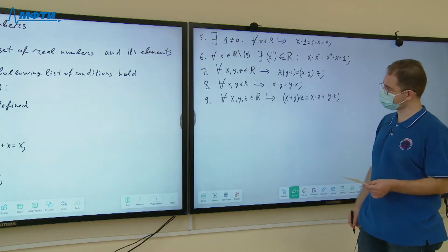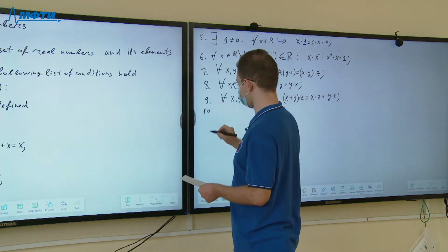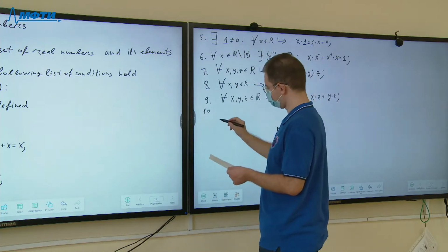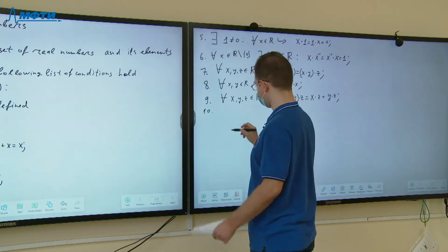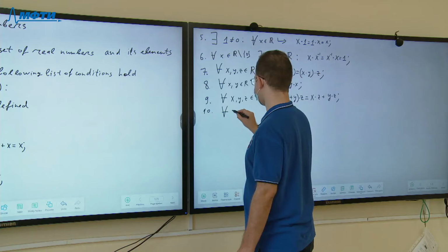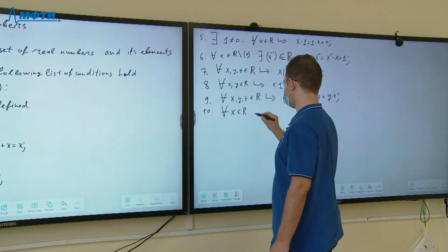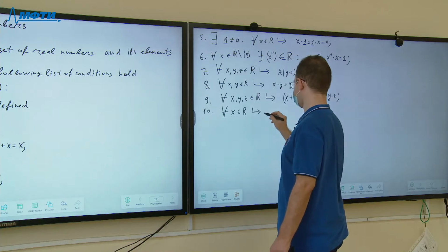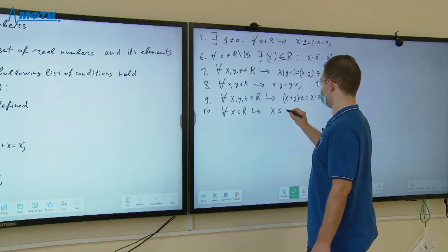And now we have a bit more. Number 10. For any x, it follows that x is less or equal than x.